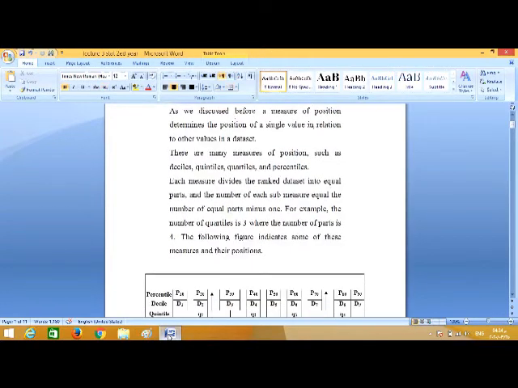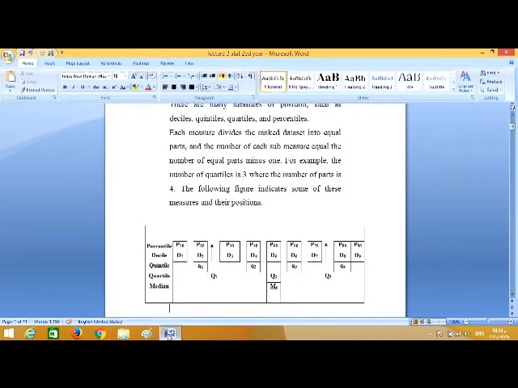The following figure indicates some of these measures and their positions. Look, now we have 1, 2, 3, 4, 5 measures of position. The first is called percentile, deciles, quintiles, quartiles, and the median.